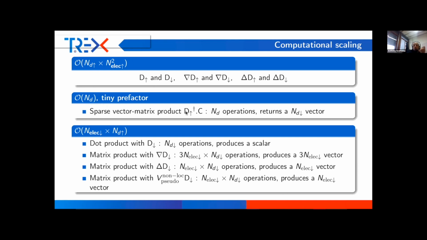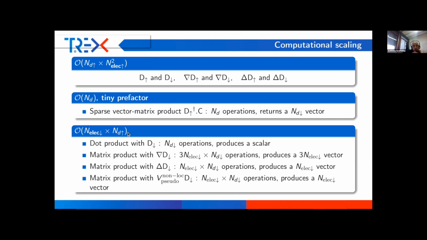Then you have the only step that depends on the total number of determinants, which is the sparse vector matrix product, which is this one. And you see that this step doesn't depend on the number of electrons. Okay, it just depends on the number of determinants. And then you have the calculation of the other quantities that depend on number of electrons down multiplied by number of determinants up.